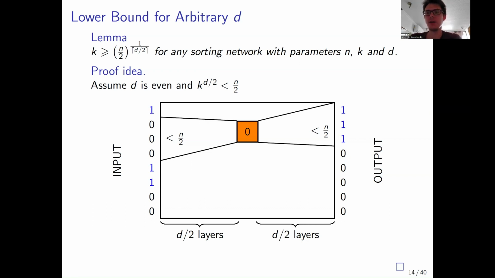In this way, we flip more than n over 2 cells, and it means that at some moment, some output cell which is independent of the value of the orange cell becomes 1. But this is actually a contradiction. Why is this impossible?